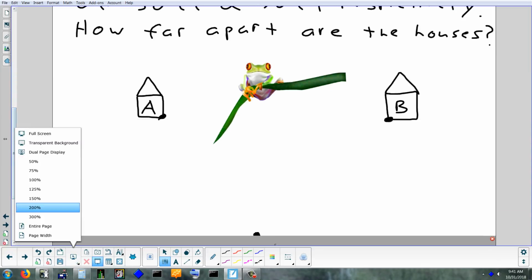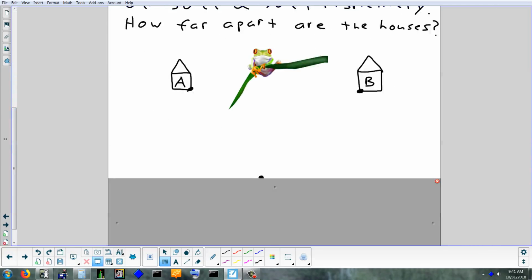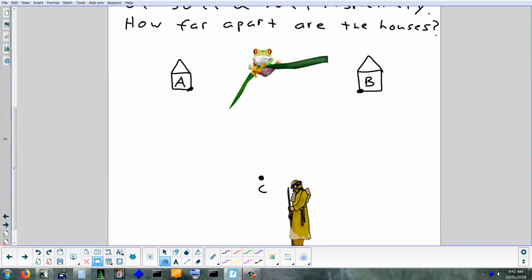Now, I couldn't find a picture of a surveyor, but I was able to find a World War II trench soldier. So that's going to be our surveyor.